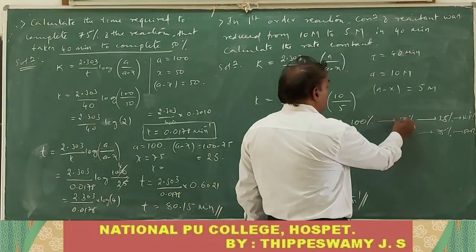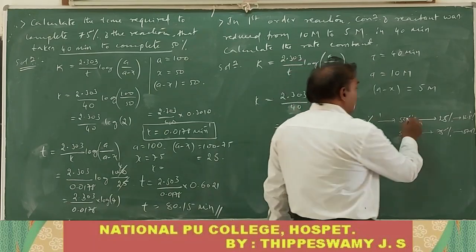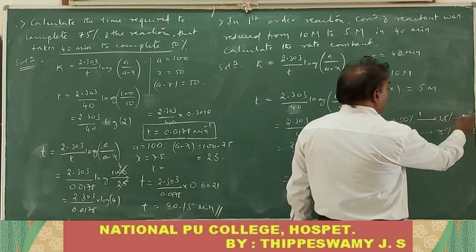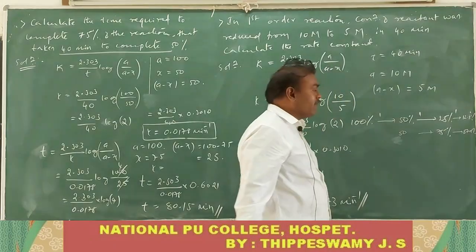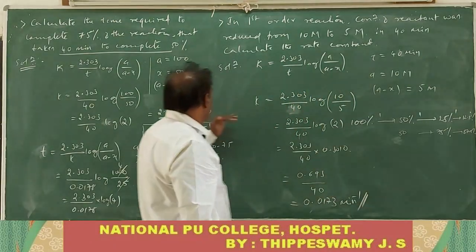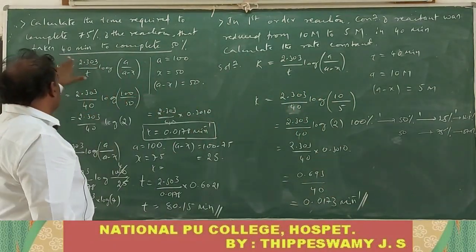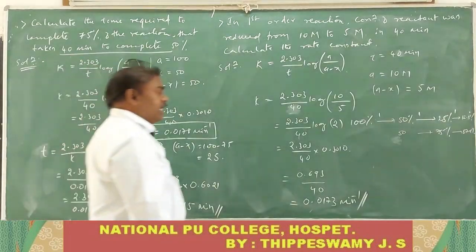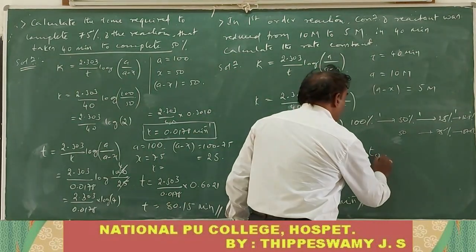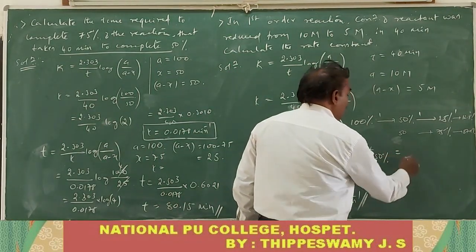From here to here, one half life only. From here to here, again one more half life. Like that we can take. Remember the point: T 50% is equal to one half life.